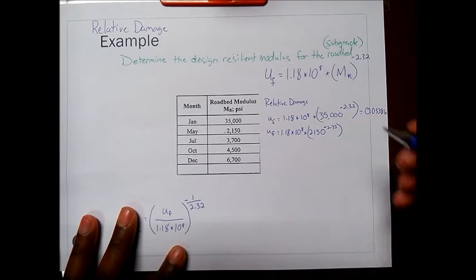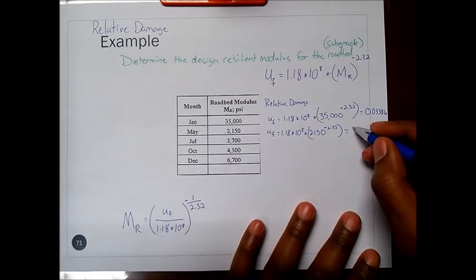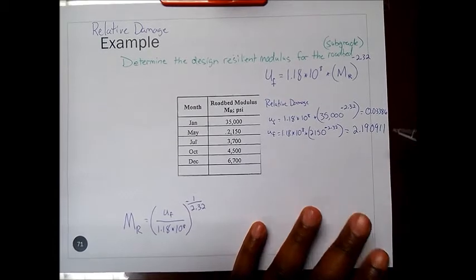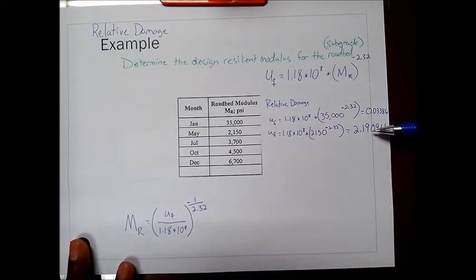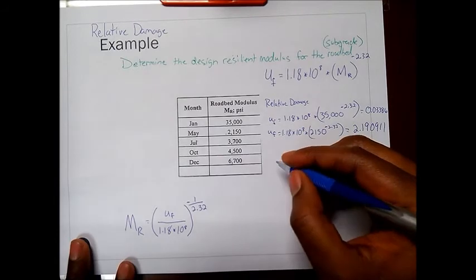Don't forget the negative. It ends up giving me a relative damage of 2.190911. Wow, in May, it's a lot more damage, relatively speaking, to the soil than in January, which makes sense. It's wetter here.